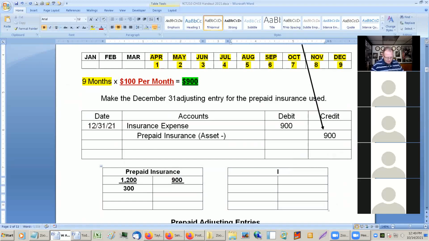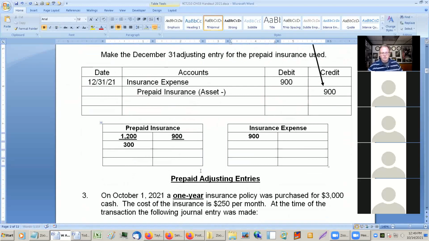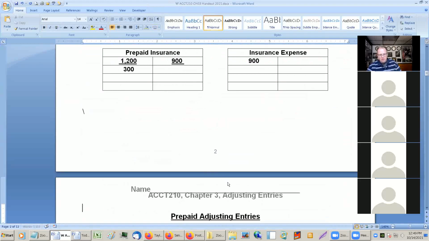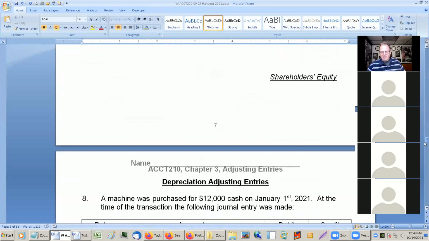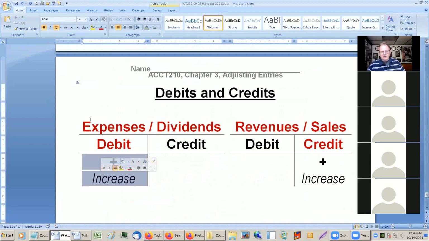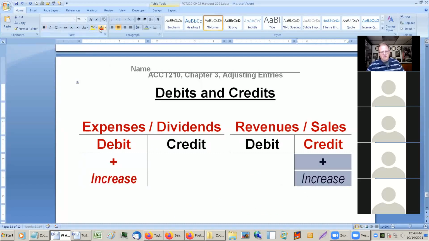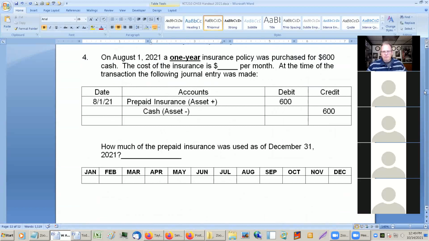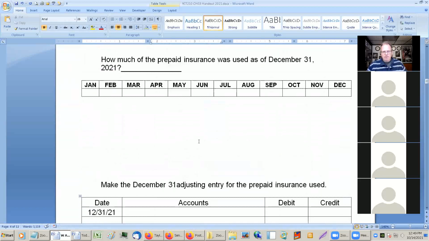And here we'll have insurance expense, and that will be for 900. Expenses are always debits.